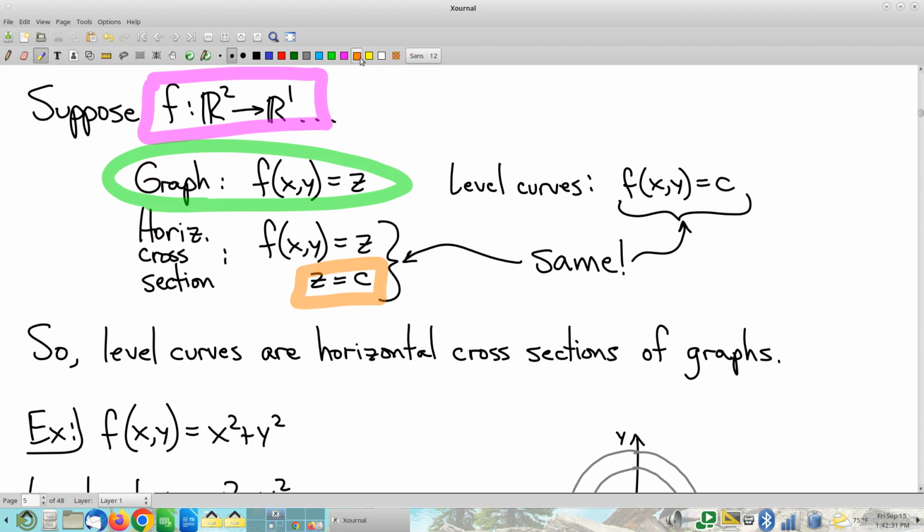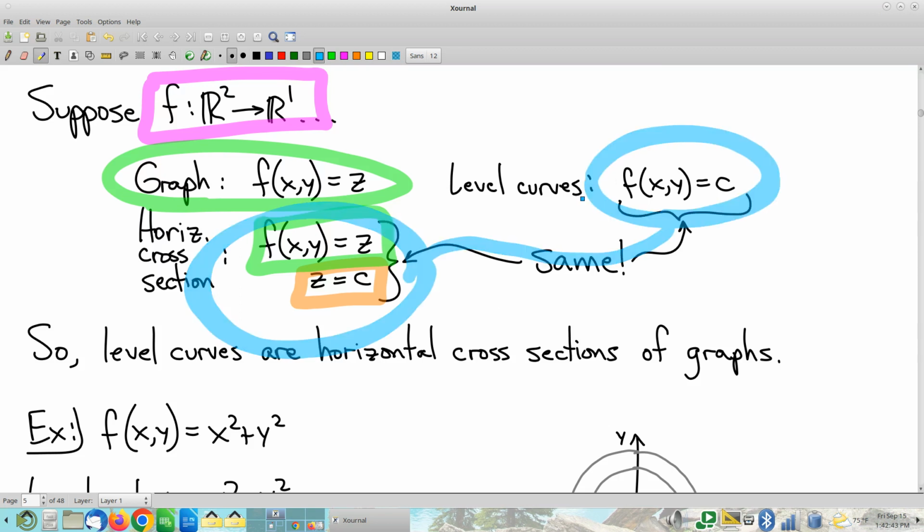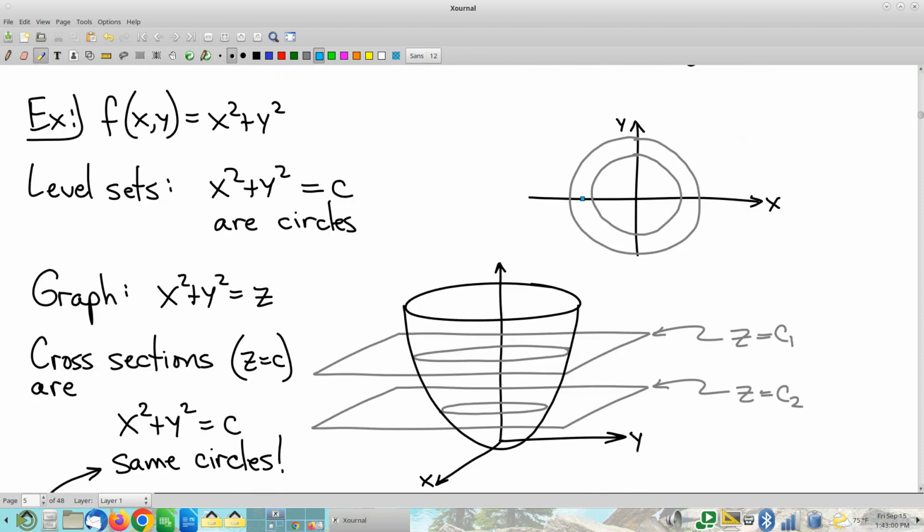That's what I'm going to do to my graph. Altogether, then, notice that this pair is equivalent to this in the first place. So even though graphs and level sets are different, horizontal cross-sections of graphs are level sets. Here's a picture of that in action.